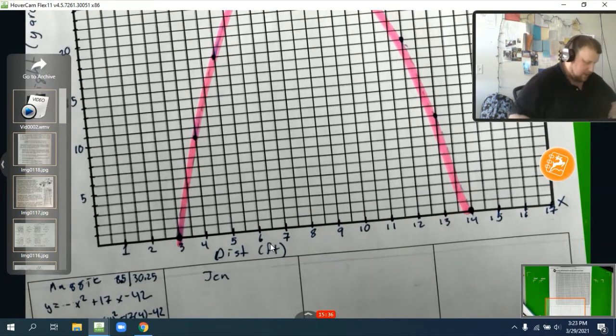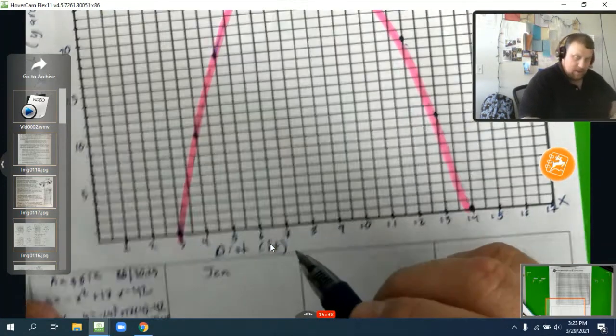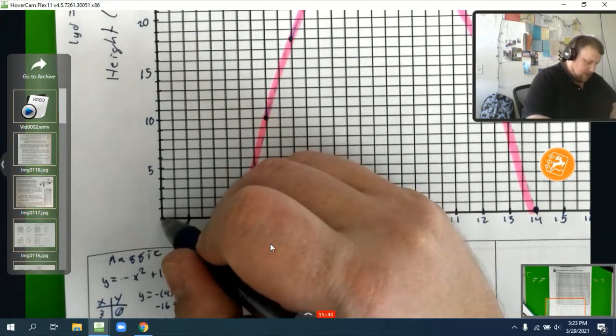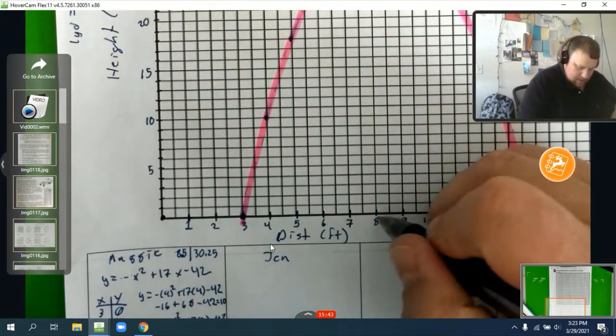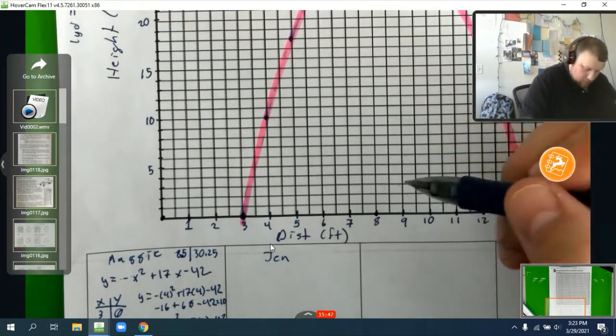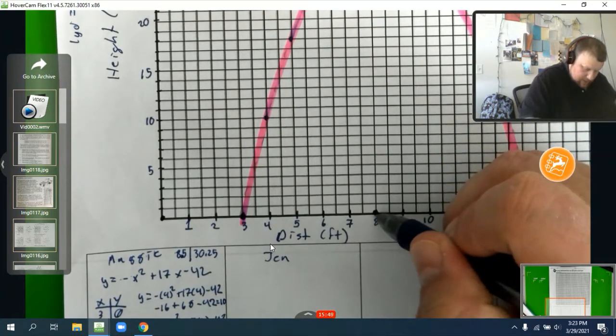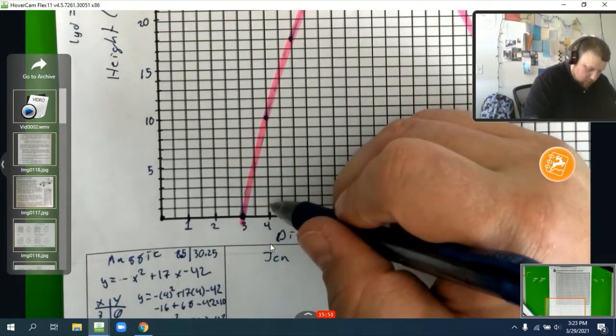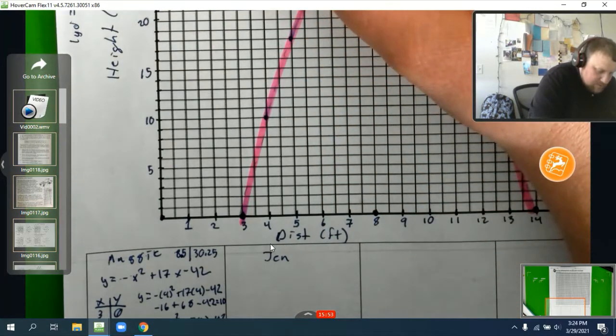But ultimately, we have a graph, and we're going to draw it on here, that starts off at 0 and ends at 8. At 4, it tops out at 32.